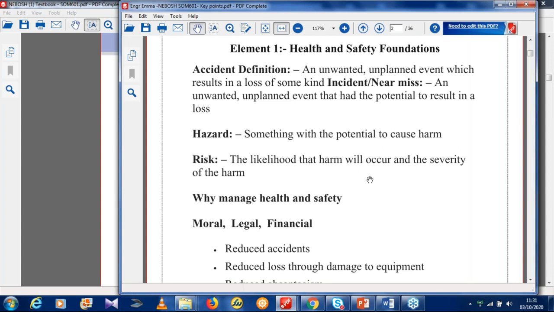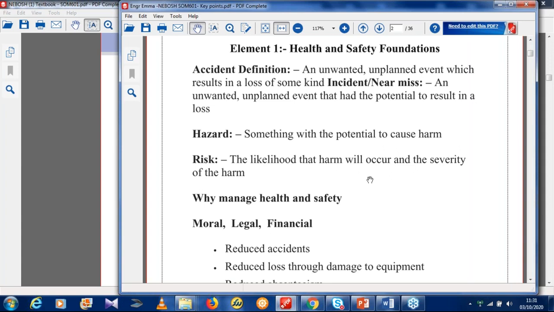Then we talk about the environment itself. What do we mean when we're talking about health, safety, and environment? We've defined health, we've defined safety, and now environment. We're looking at the factors in the immediate surrounding that can be influenced by the work activity.